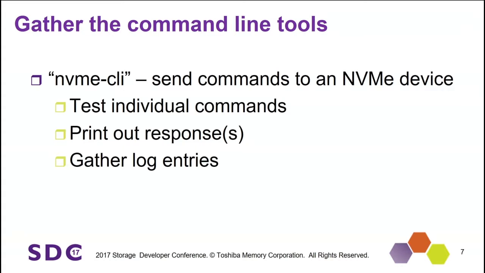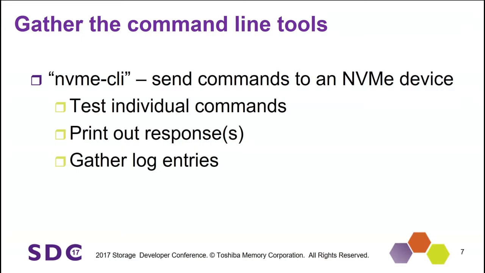But other than that, the real effort is in testing those odd little vendor-specific commands, and the ones that are not in the normal fast path, things like getting logs, namespace management, those sorts of things, where you might as well just do it in firmware, and you have the flexibility.